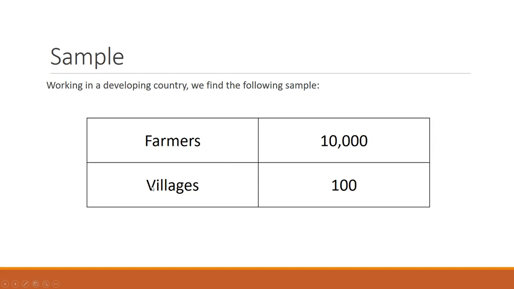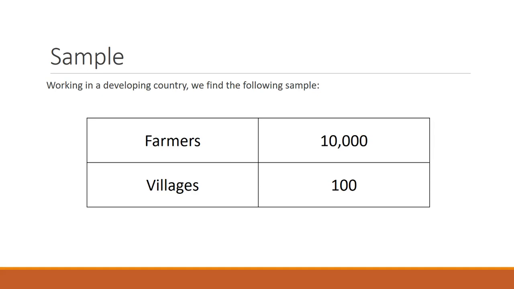I also could randomize at the village level. Randomizing at the village level would mean that I'm randomly assigning entire villages to be in the treatment group or the control group. So in that case, I'm going to randomly select 50 villages to receive the treatment and 50 villages to receive the control.